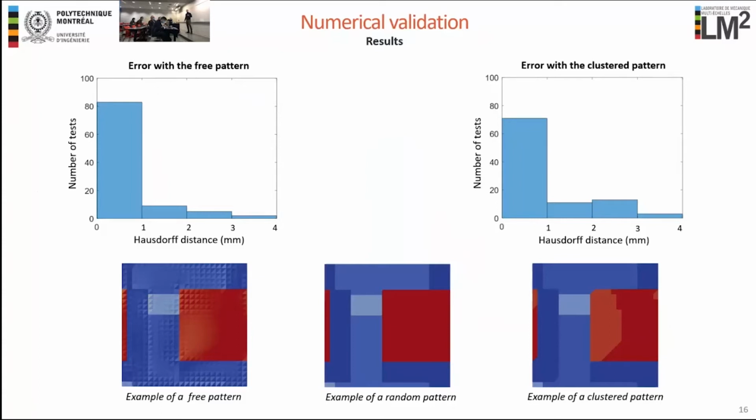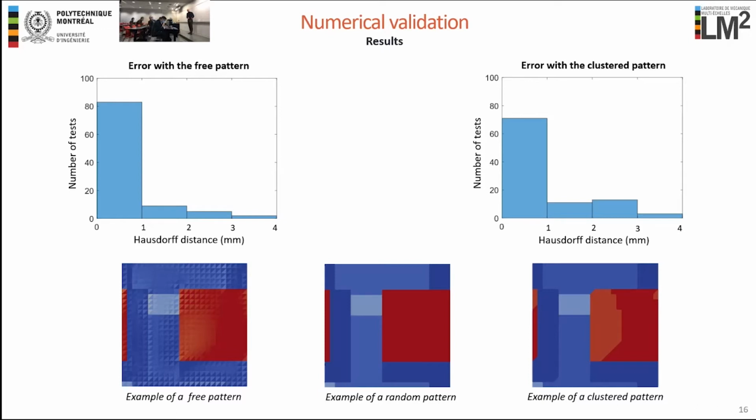Then, if we look to the right, we see that the clustering algorithm essentially increases the error a little bit. Indeed, the clustering algorithm does not take into account its influence on the final shape, right? So, for example, in this example of the clustered pattern, there is this orange zone.